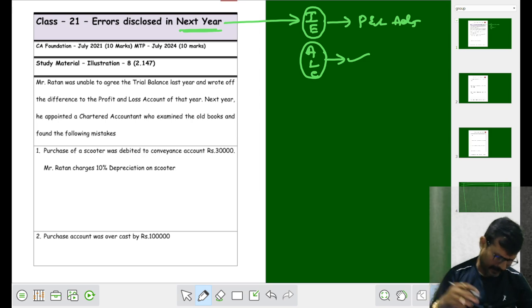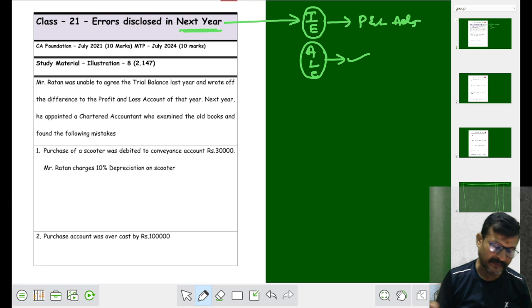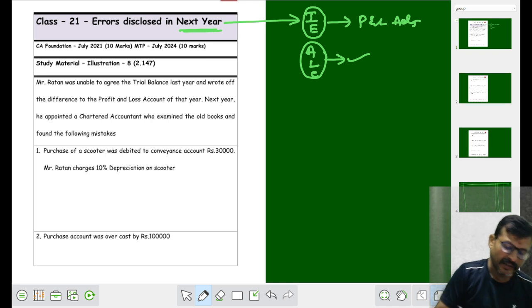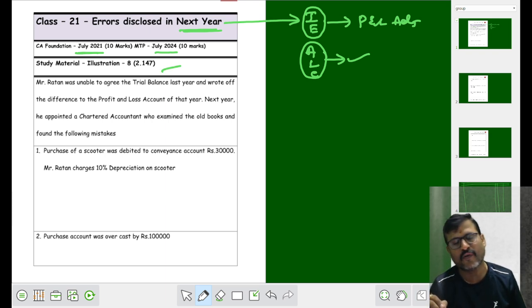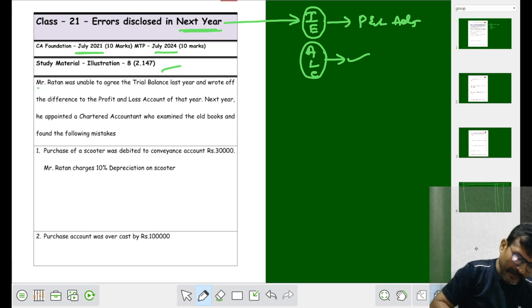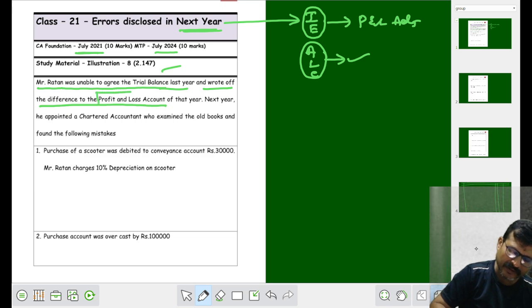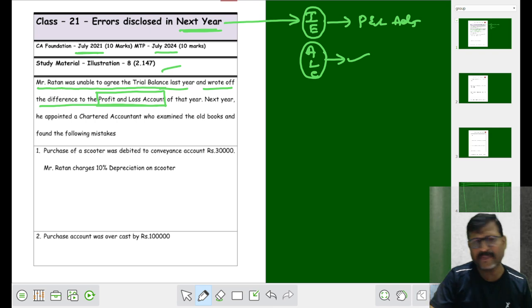See what happened in this particular class. A question is asked in the CA Foundation July 2021 and one time in MTP also. It is also there in the study material of CA Foundation, ICAI board. See, Mr. Ratan was unable to agree the trial balance last year, and he wrote off the difference to the profit and loss account, where he mentioned the difference as P&L account.